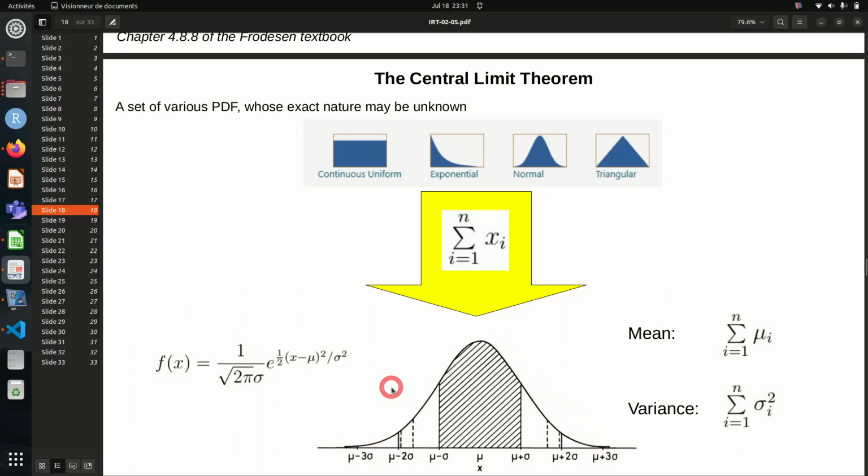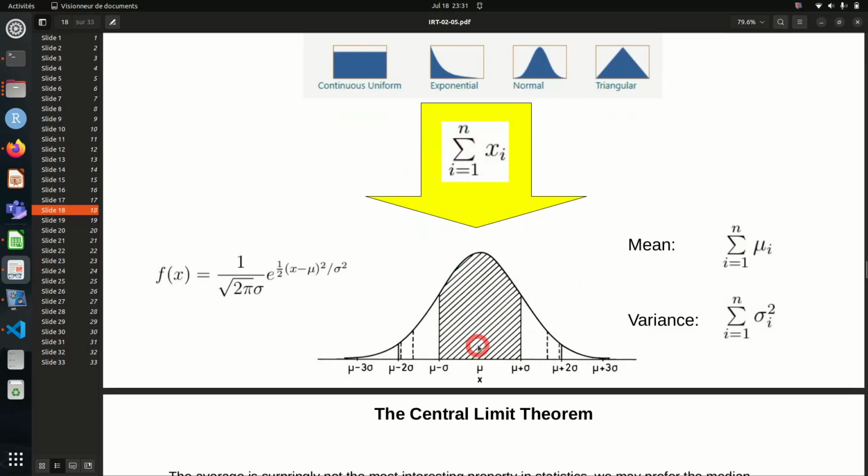And this Gaussian has wonderful properties in mathematics. You can derive, you can integrate, it's really well known, there are tables of its values. So you can start with things that you don't know how to describe, you sum them, and you get something that is easy and well known.